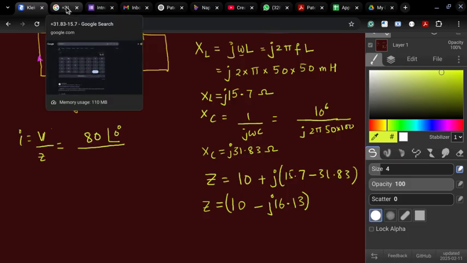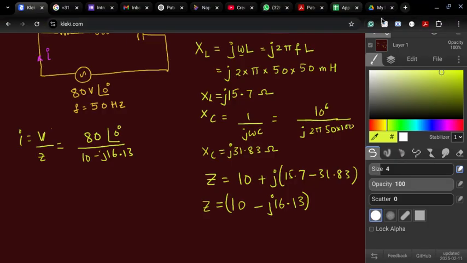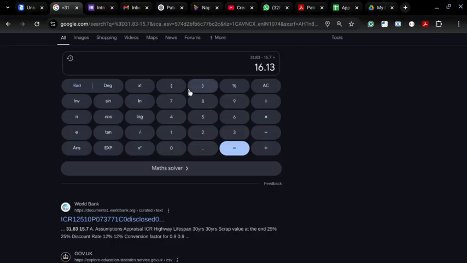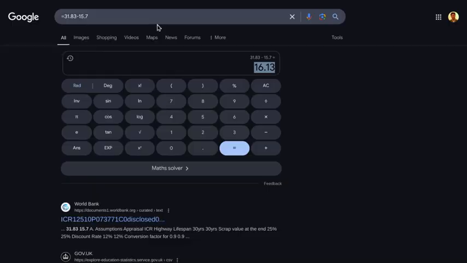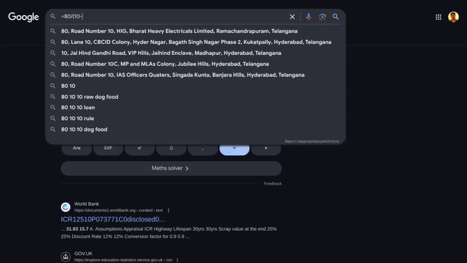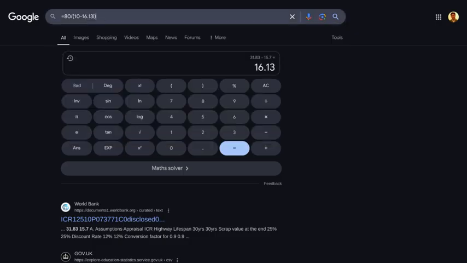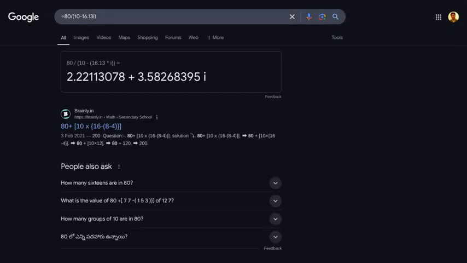What I am now calculating is 80 divided by 10 minus j16.13. I don't know whether this will work with Google search. So let's check. Okay, good, it is detecting the complex numbers.